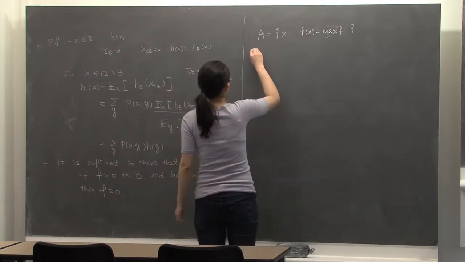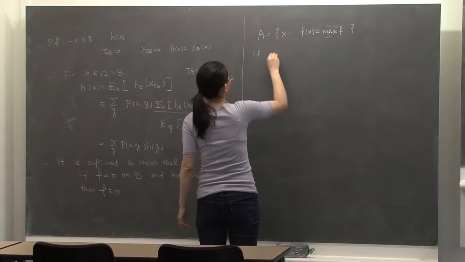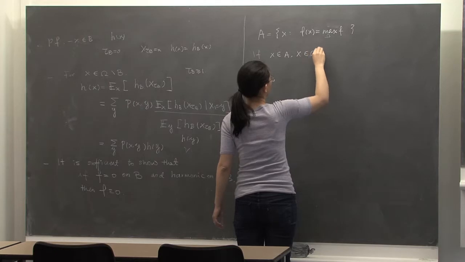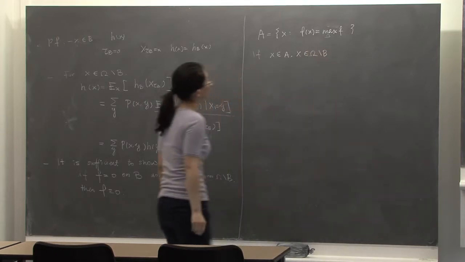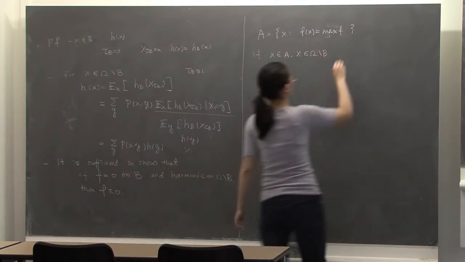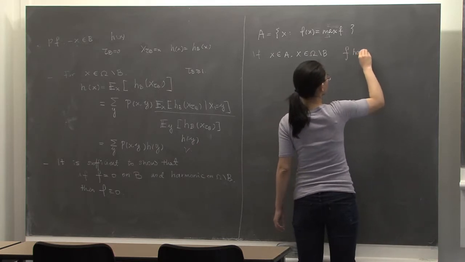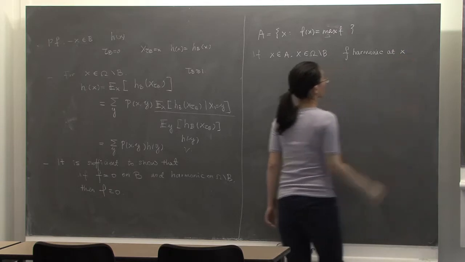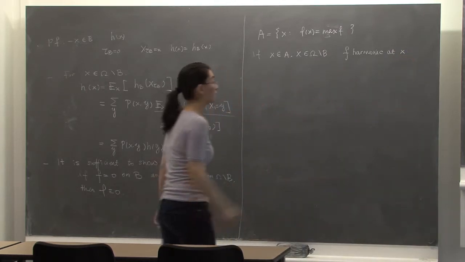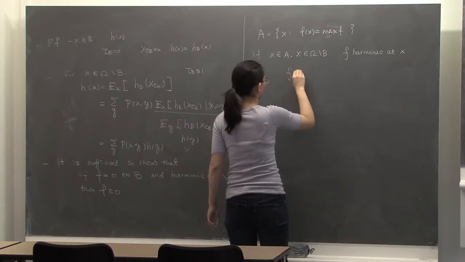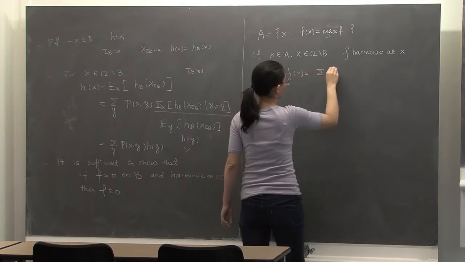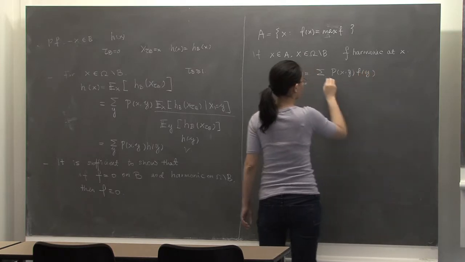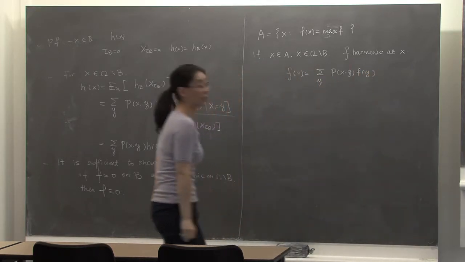If x is in A and x is not in B, then we know that f is harmonic at x. Since it is harmonic at x, we have this relation.